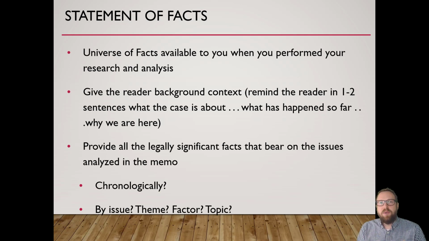And so what you should do is go into your rule application section where you're doing your reasoning and highlight every place you use a fact from our story. So if you say the drone is 14 inches square, that needs to be here in the statement of facts. If in the reasoning section you say that it's white or black or whatever color it is, you can make up that fact, then make sure that color is here.